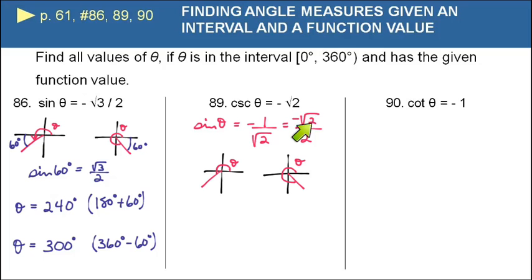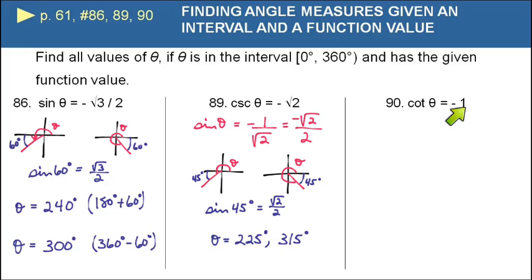Then the square root of 2 over 2 tells us the reference angle is 45 degrees. And then we can say, alright, 180 plus 45 is our first answer, and 360 minus 45 is our second answer.